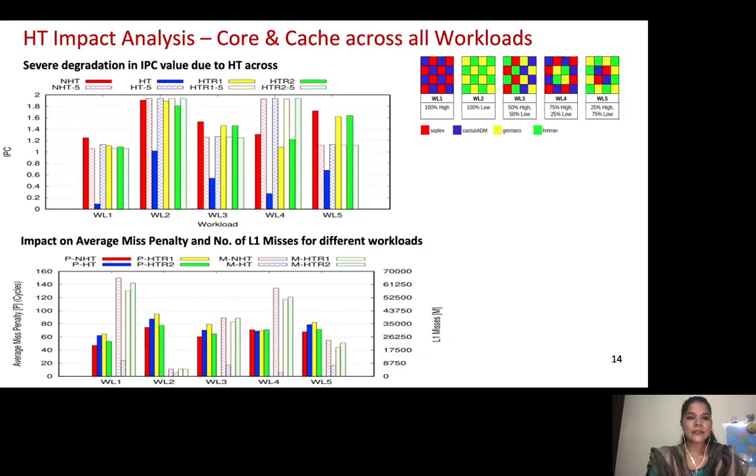Now we try to emphasize the HT impact analysis for core and cache across all the workloads. We can see the severe degradation in the IPCs due to the HT. All the cores show significant IPC degradation across all the workloads.